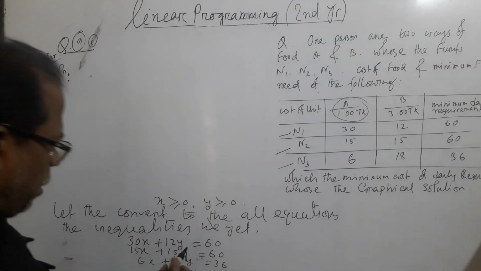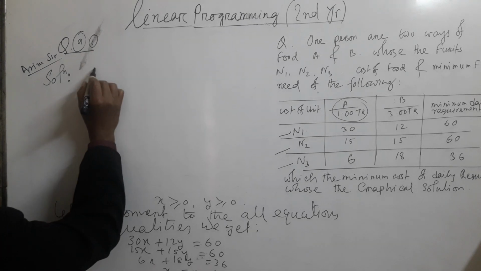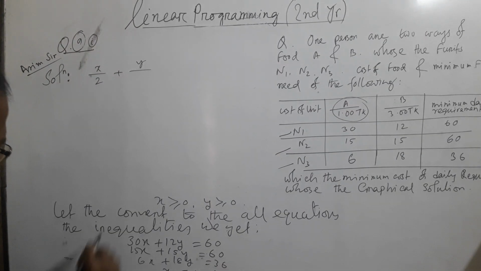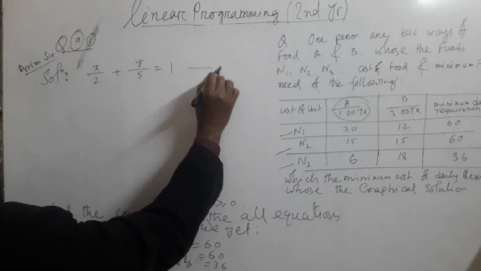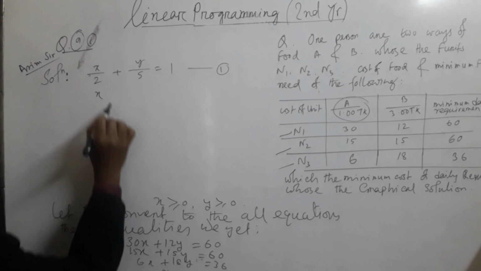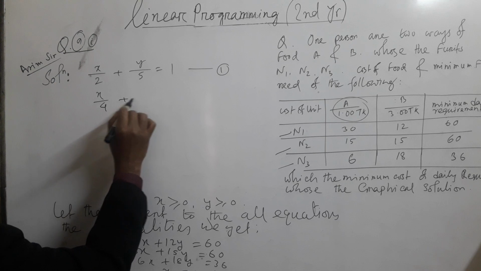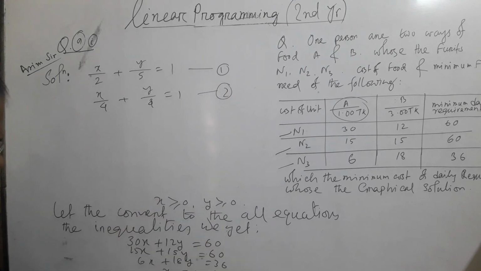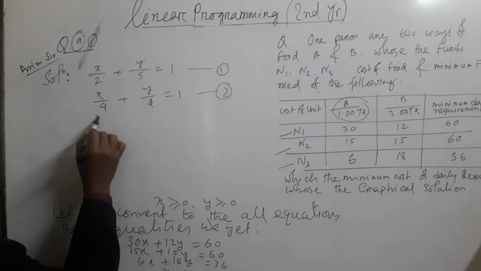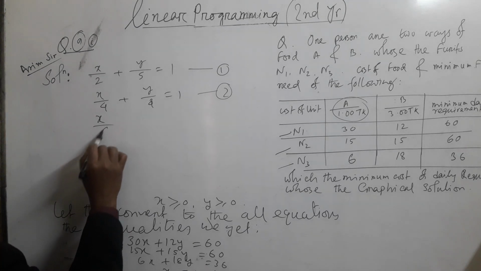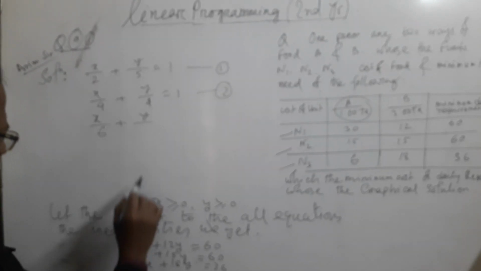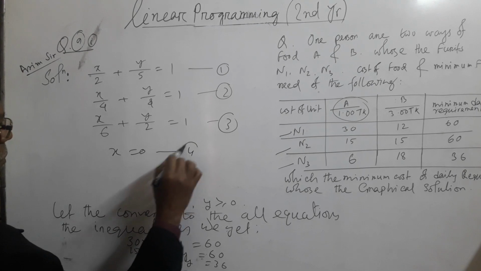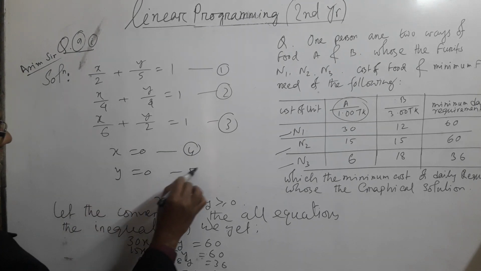So x divided by 2 plus y divided by 5 equal to 1 is number 1, x divided by 4 plus y divided by 4 equal to 1 is number 2, x divided by 6 plus y divided by 2 equal to 1 is number 3, x equal to 0 is number 4, and y equal to 0 is number 5.